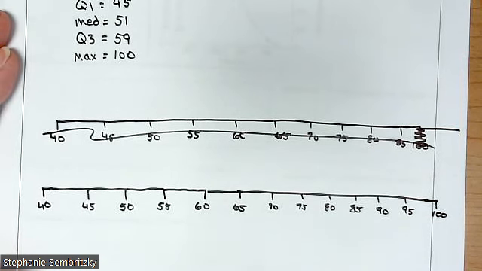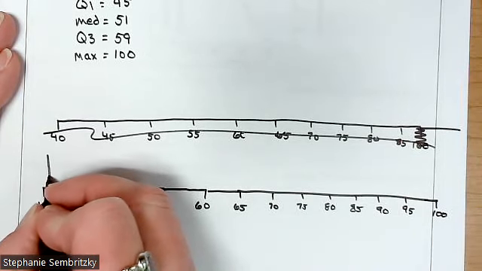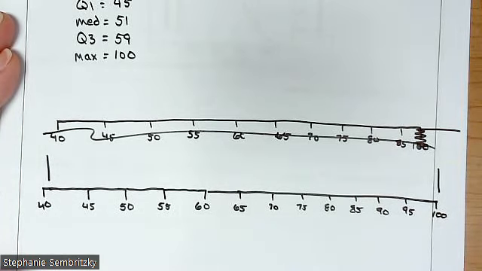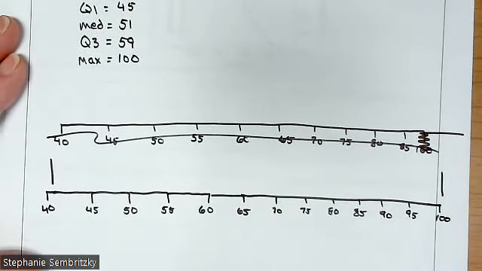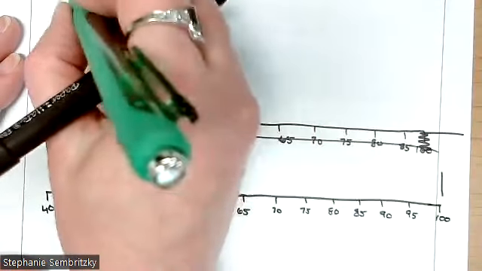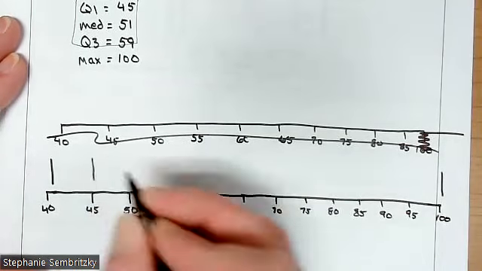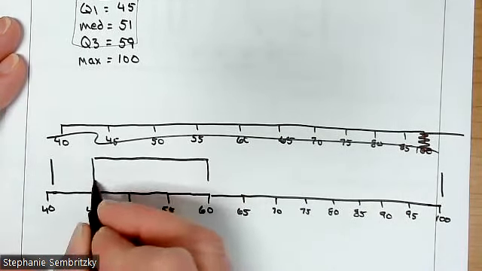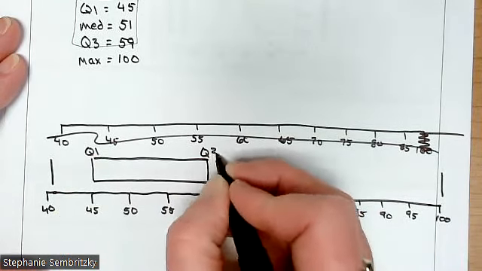So we put our whiskers at the min and the max. So 41 to 100. The box goes around your quartiles. So the box is going to go around the quartiles, 45 to 59. So this is Q1, Q3.